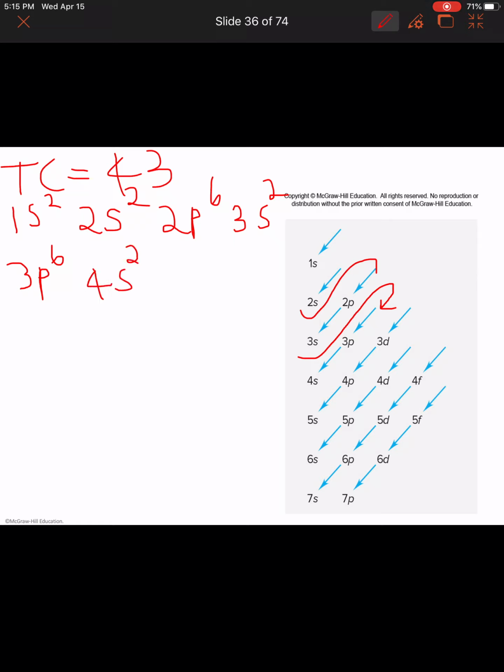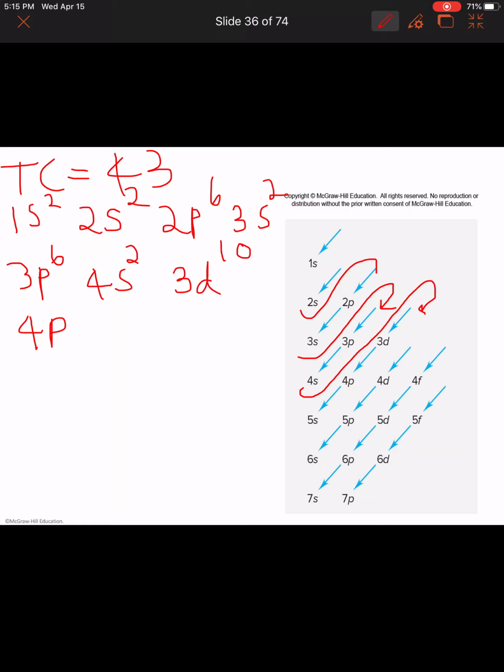So after 4s2 is done, you're going to go back again here and start from there. That's going to be 3d. Remember, d can hold up to 10 electrons, so you're going to fill up all the way to 10 because we have not come to 43 yet. So after 3d comes 4p. Let's see how many we have done so far.